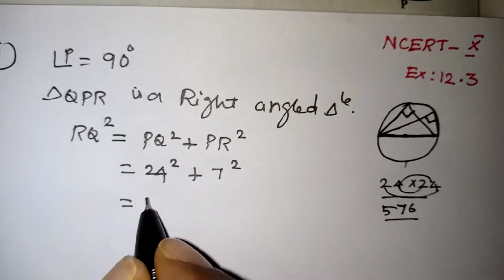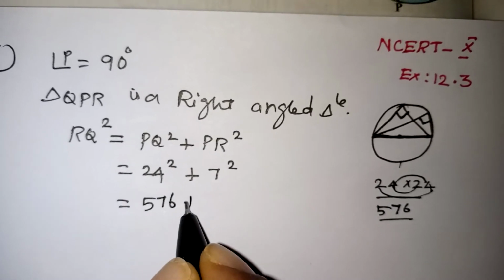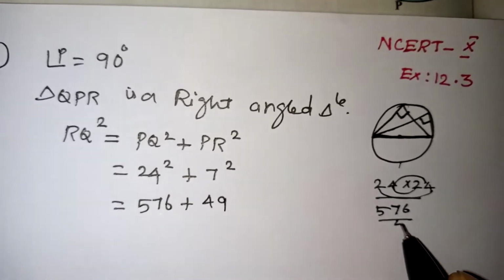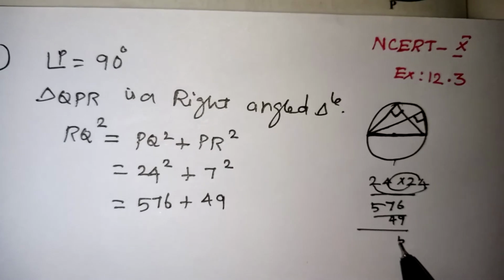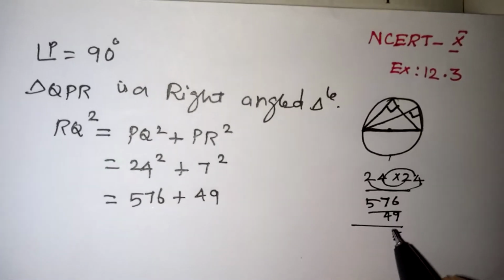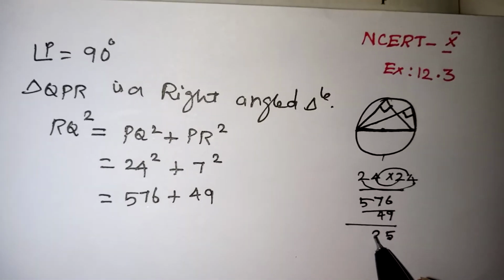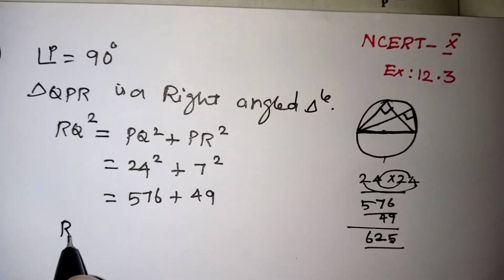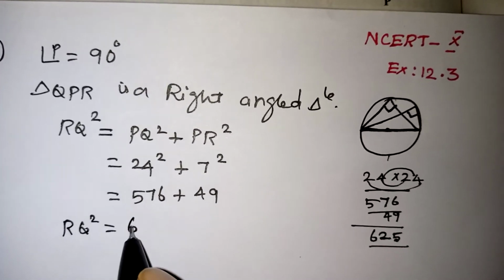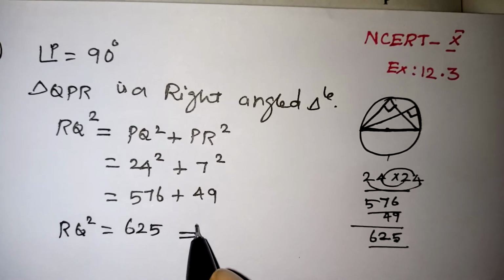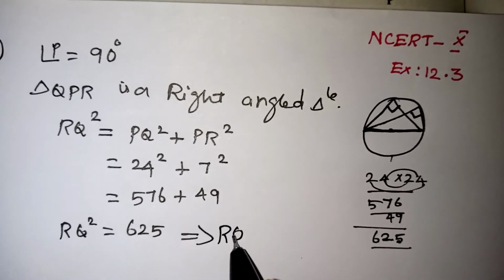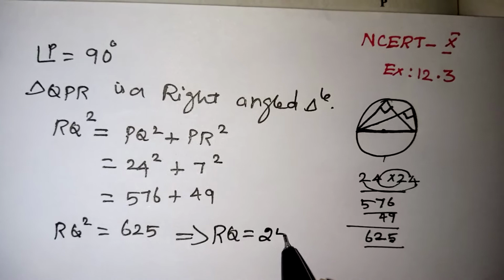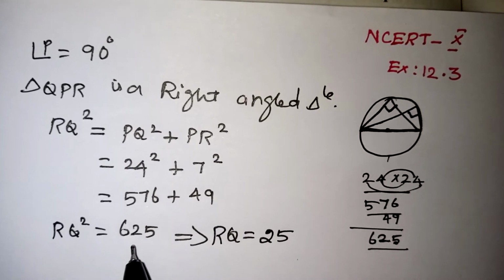So we are getting 576. 576 plus 49, since 7 squared is 49, gives 625. So RQ squared is equal to 625. From this we reach RQ is equal to 25, because 25 squared is 625.